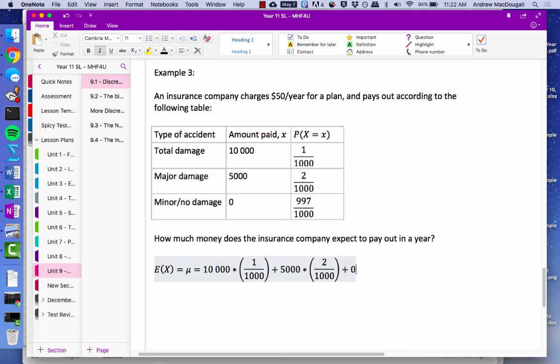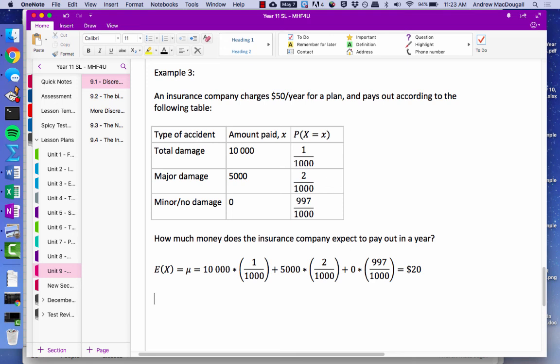Plus 0, this one's not going to affect anything. And let me put that into my calculator. And I get 20 bucks.